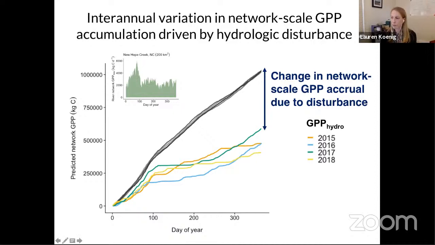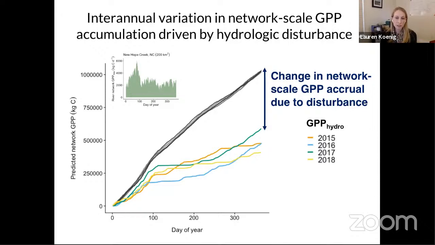So as one example, 2016 is shown in this light blue line here. 2016 was an average rainfall year that doesn't stand out among the others. But it has relatively low annual productivity. And what makes 2016 stand out is it had relatively more storms that occurred during the springtime, which is really this window of opportunity in this network.